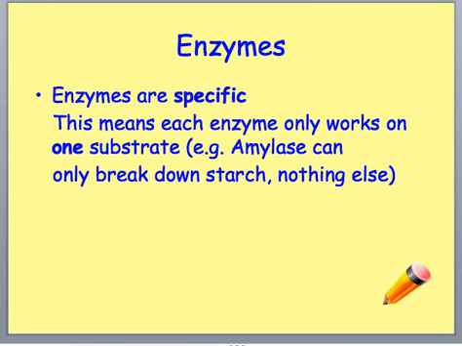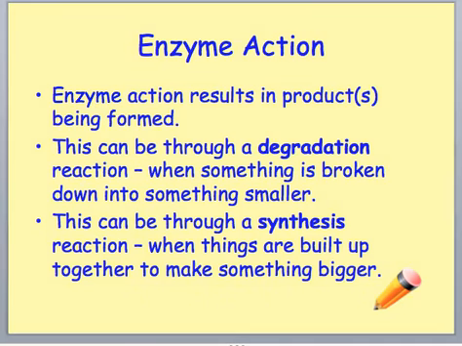And here, hopefully we'll get on to our last slide. This is just looking at enzyme action. I did mention before in the video, in one of the slides that we had before, that you can get two types of reactions with an enzyme. You can either break something down, or it's a degradation reaction where something is broken down into something smaller.